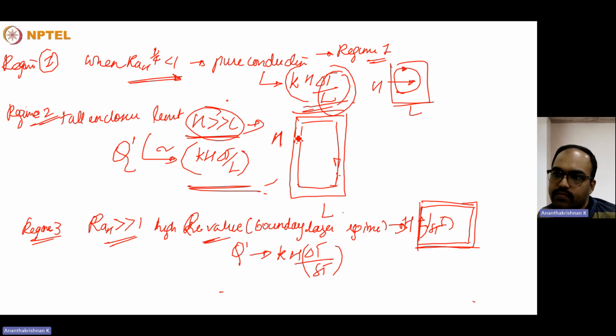That means that the height is very much greater than the horizontal dimension L. So in that case, it has to be scaled with respect to L, and the boundary layer might not be fully developed. And the third regime is the higher Rayleigh number value. In that case, the boundary layer dimension, delta T, has to be taken into account rather than the full dimension of the plate.